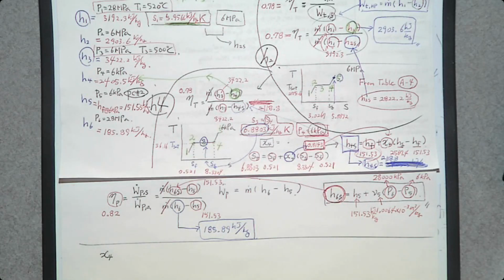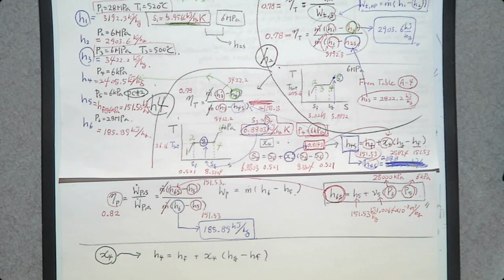So let's do that. How can you determine this quality X? Always use a linear interpolation. So what kind of linear interpolation? H4 is HF plus quality X4 times HG minus HF. So how do we determine HF and HG at the given condition? What condition do we have? 6 kilopascal.